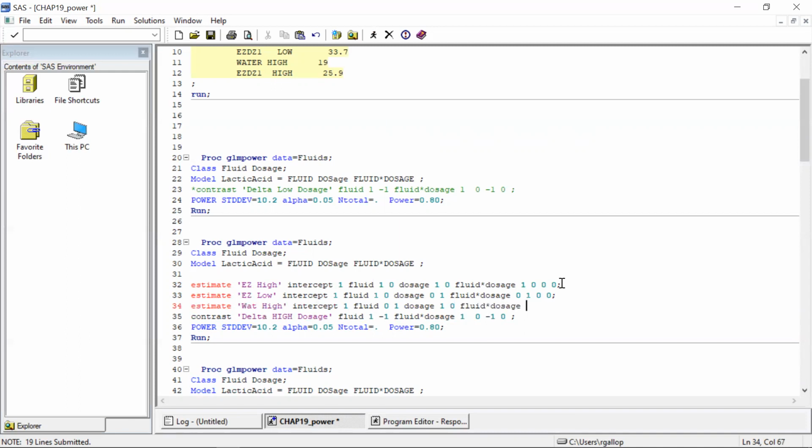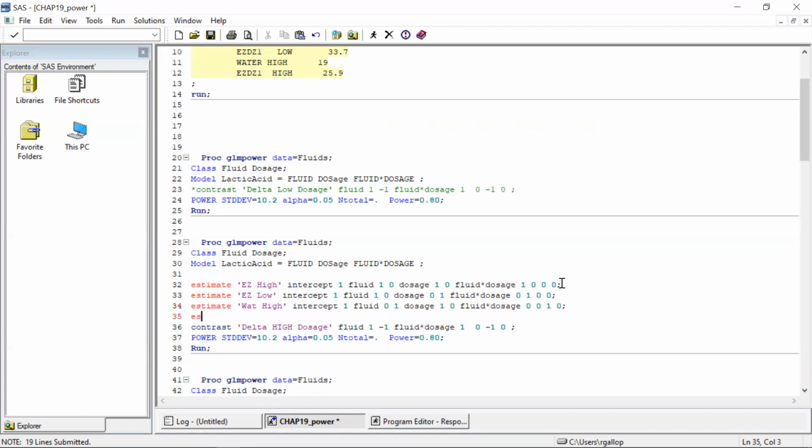So remember, this is easy high, easy low, water high, water low. And then if we did the last one, this would be fluid easy, water.